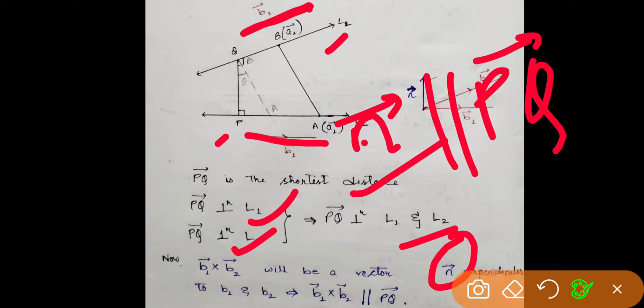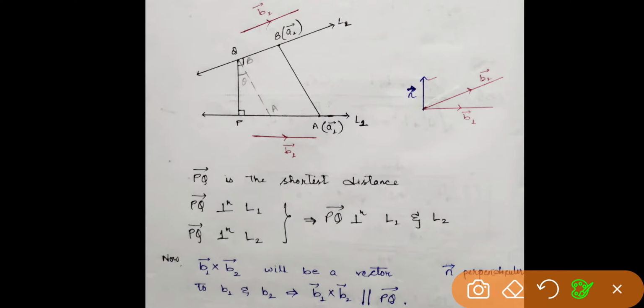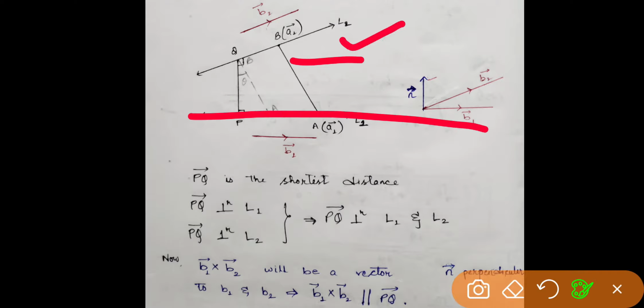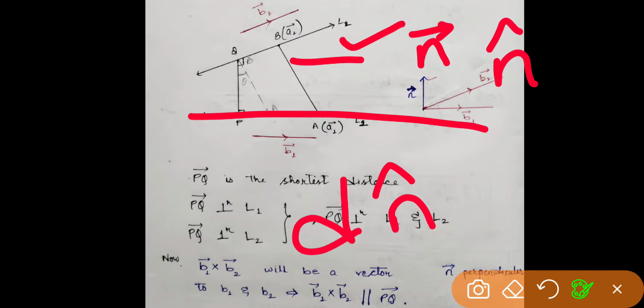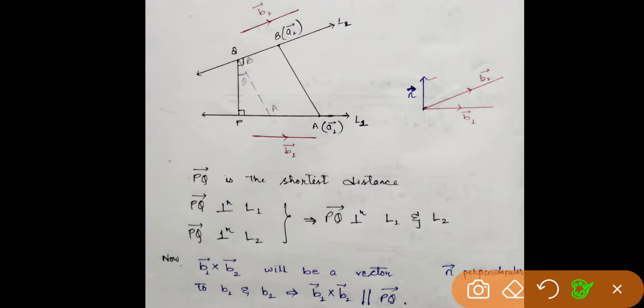If two lines are parallel like this, and I have this vector, suppose this is n, then I can find n cap, and this n cap I can multiply with some constant to get this one. We have already done this. Do you remember?